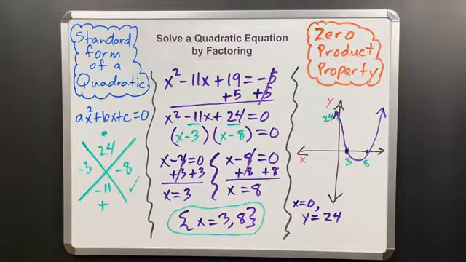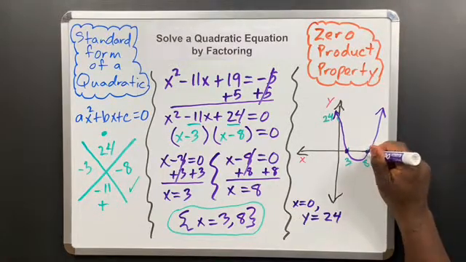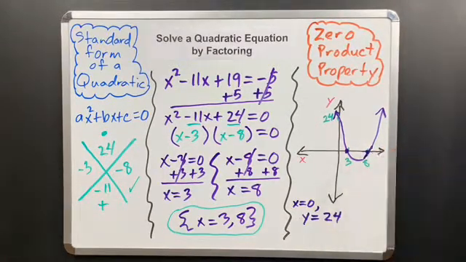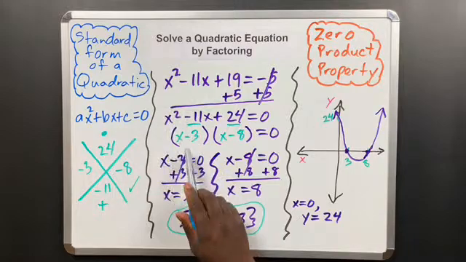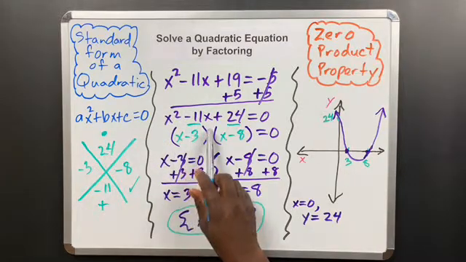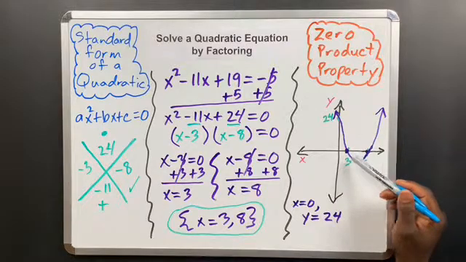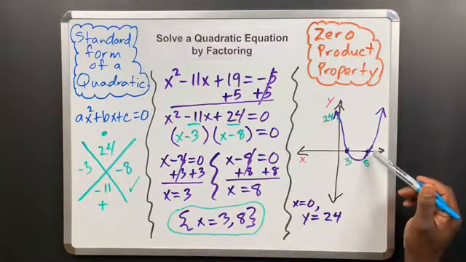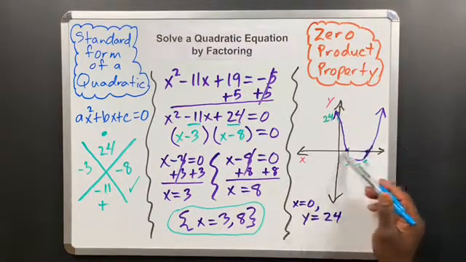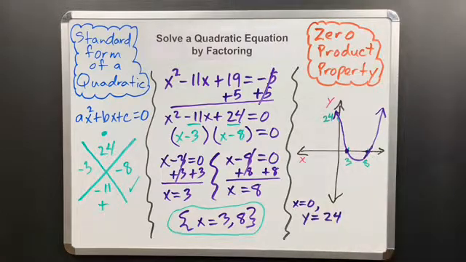Okay? So what's happening here is you have this parabola which is a quick sketch of x squared minus 11 times x plus 24 equals 0, where the zeros are x equals 3 and x equals 8. So where the graph intersects the x-axis, those are your zeros.